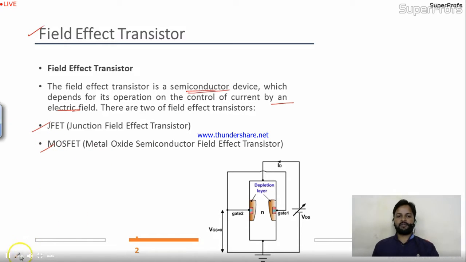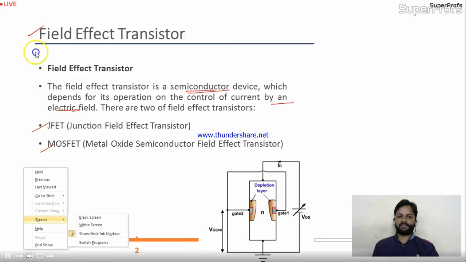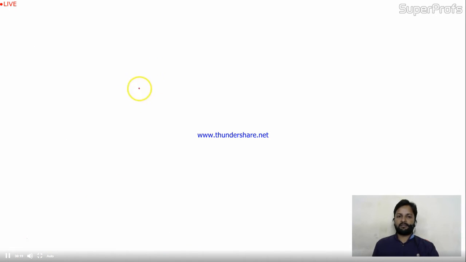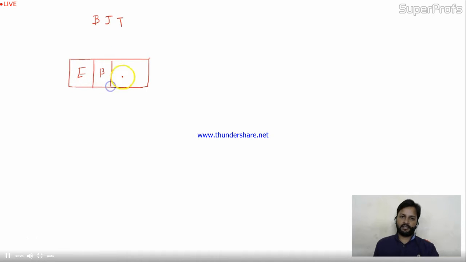So let's come to the working of this, and we'll see the parameters. See, we have seen the BJT. BJT is a 3-layer device like this: emitter part, base part and collector part.